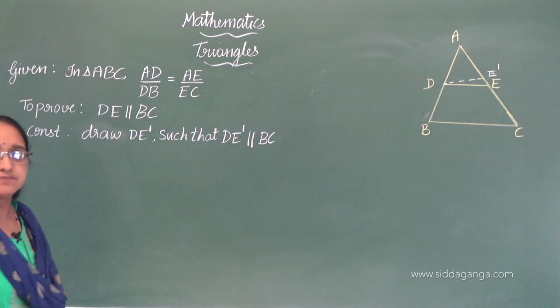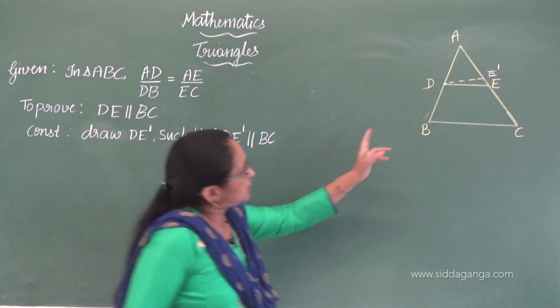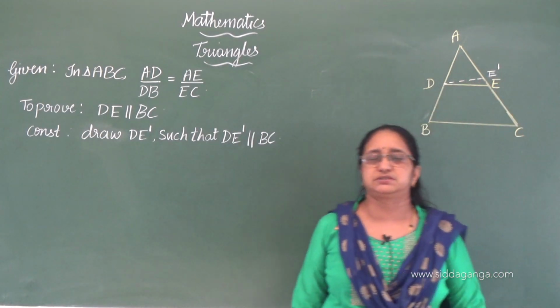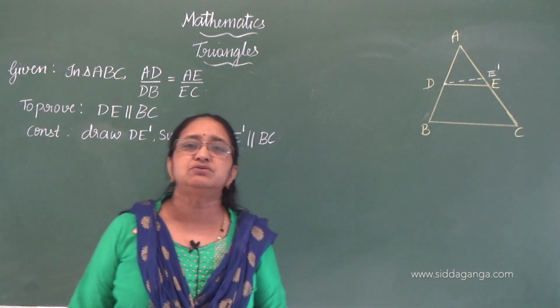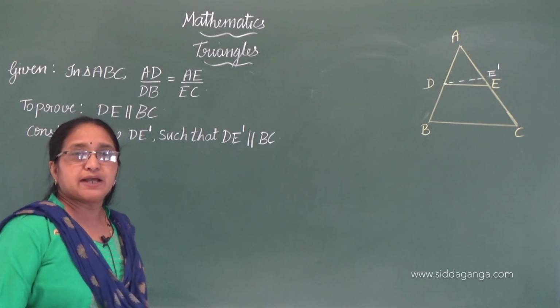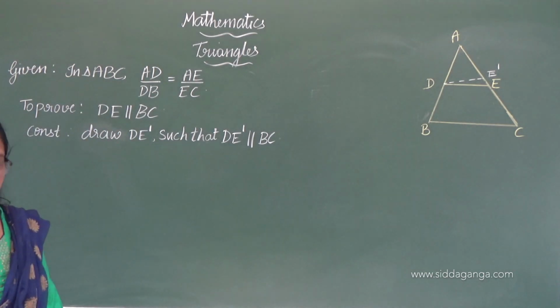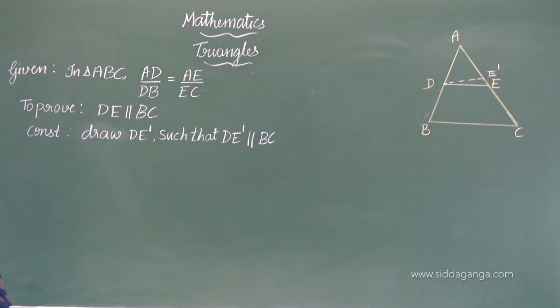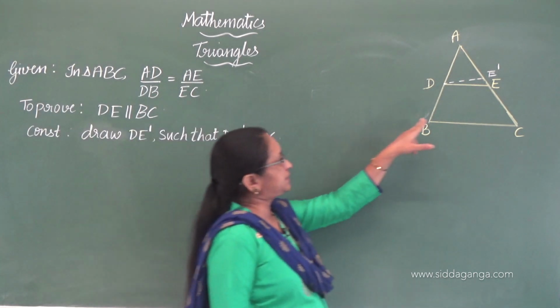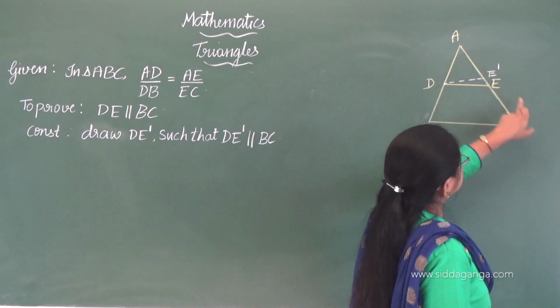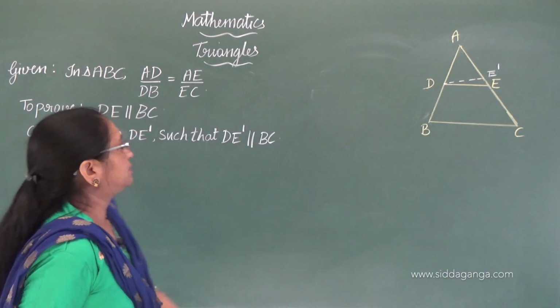I hope it is clear. So, we are taking another line which is parallel to BC. Keeping that in view, we are going to try to prove that DE is parallel to BC. Now, since DE dash is parallel to BC, we can apply BPT.